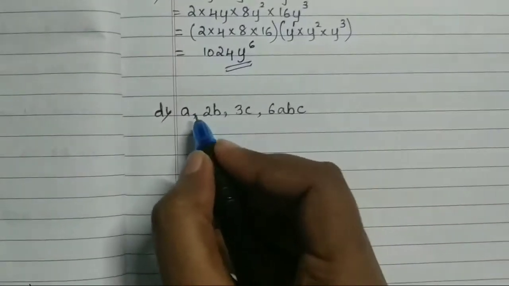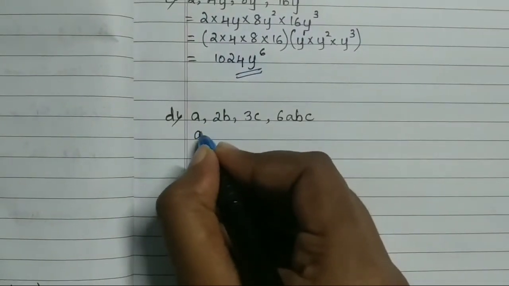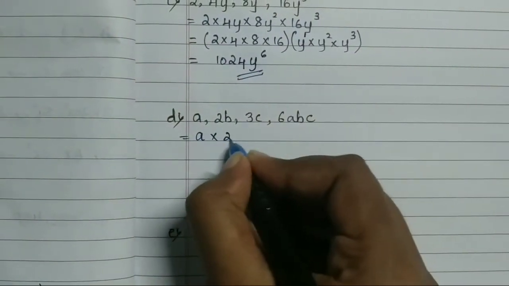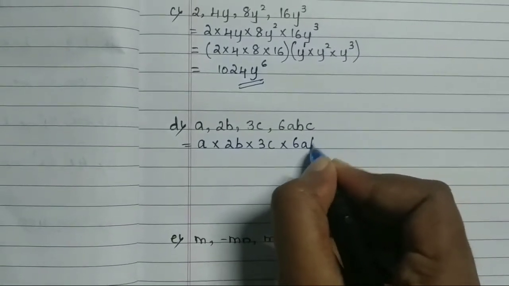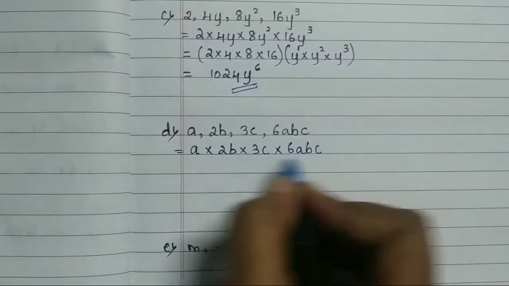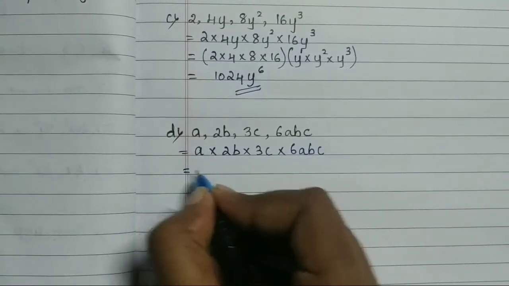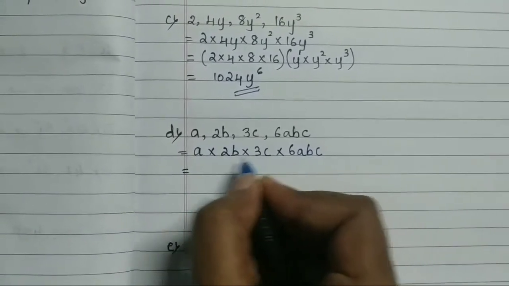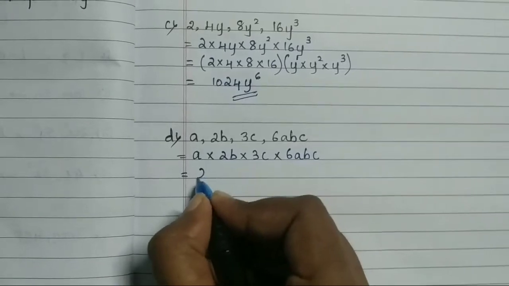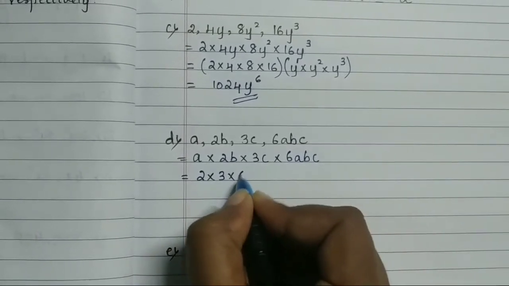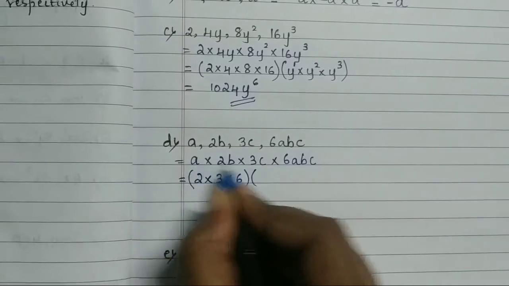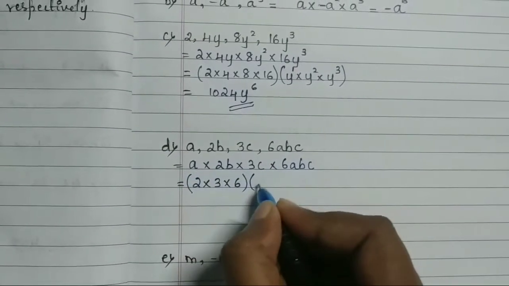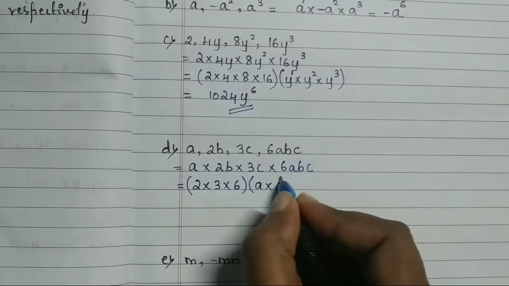Okay, next the fourth problem here. So it will become a into 2b into 3c into 6abc. Okay, first what we have to do here, we have to separate the numerical term as well as the variables, that is 2 into 3 into 6. Okay, then we will separate the a terms here. a is how many times here? a is 2 times, so we will keep a into a.